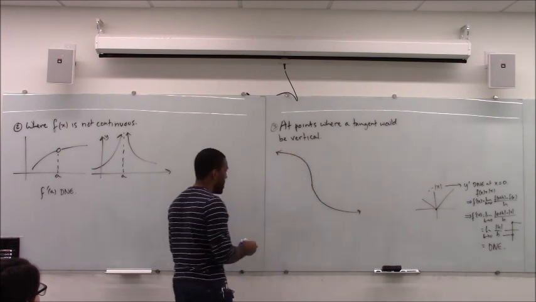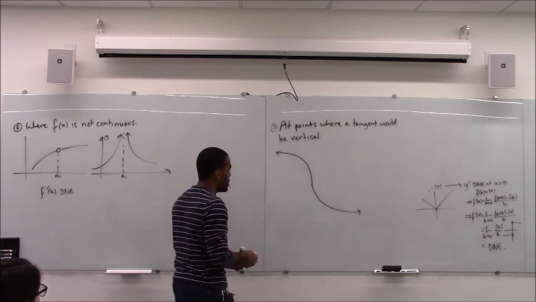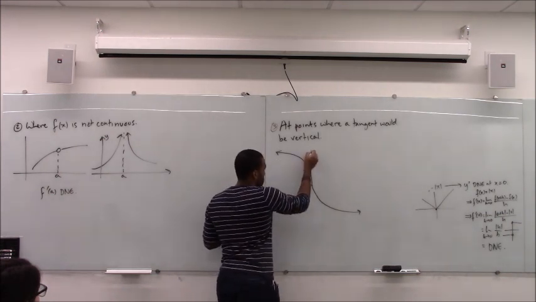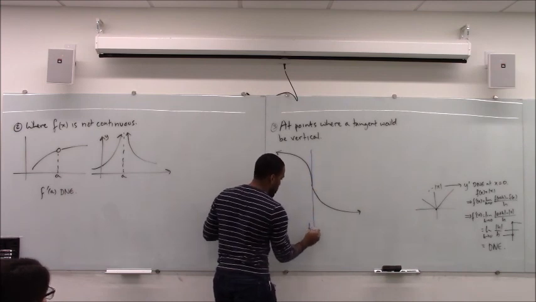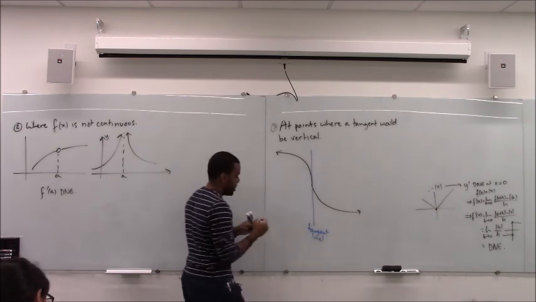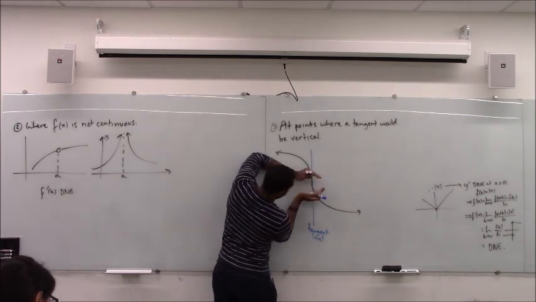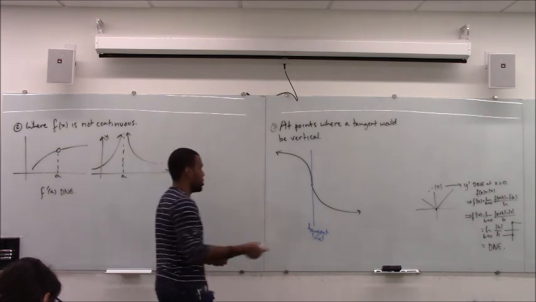And the function behaves in such a way that if you were to zoom in on that point, the best thing to be a tangent line would literally be a vertical line. So this would be the tangent line. Right? The closest line that fits this function is a vertical one. But we already know that vertical lines have no slope.